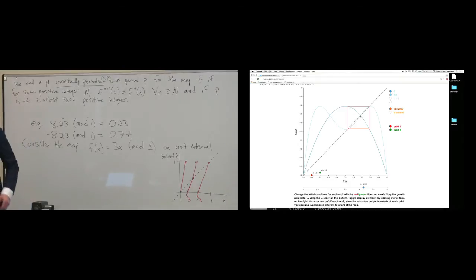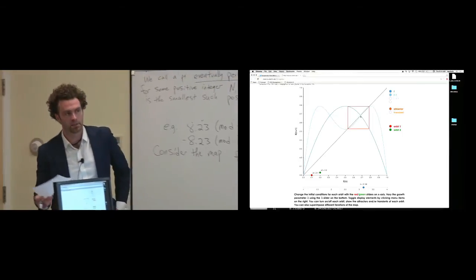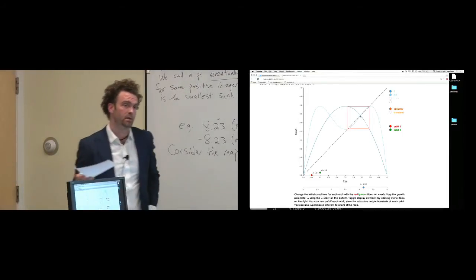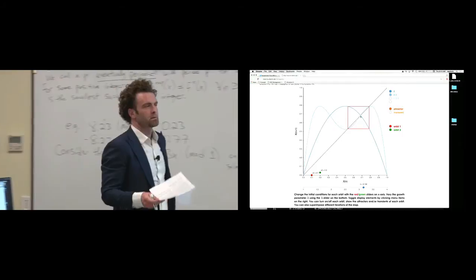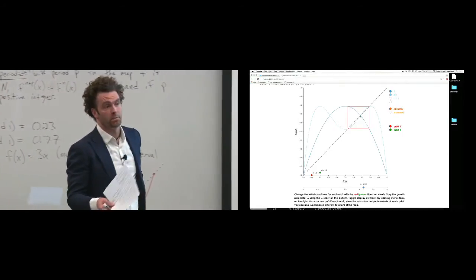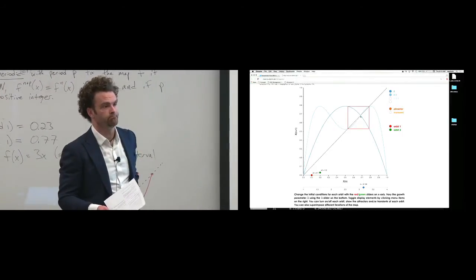Eventually periodic. We're going to have another thing that's called asymptotically periodic for stuff that approaches it in the limit. So things in a basin of a sink will be asymptotically periodic to the sink. Sinks don't always have things that are eventually periodic to them, but sources often do.